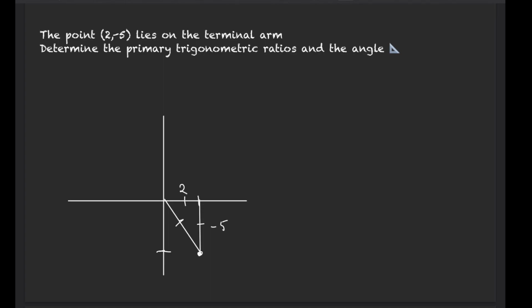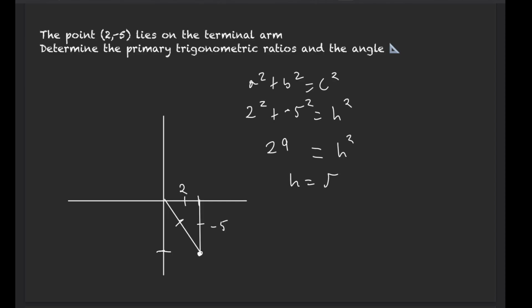We can solve for the hypotenuse by doing a squared plus b squared is c squared. So 2 squared plus negative 5 squared is equal to the hypotenuse squared. So it's going to be basically 29 is equal to h squared. So we'll just say h is equal to root 29, because you can't simplify that.